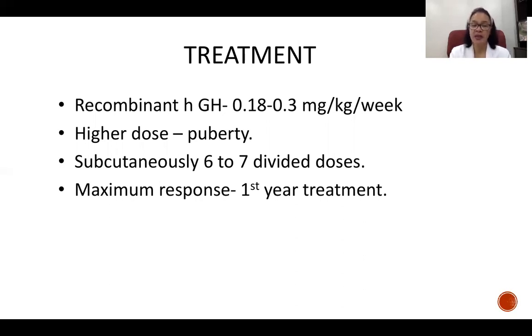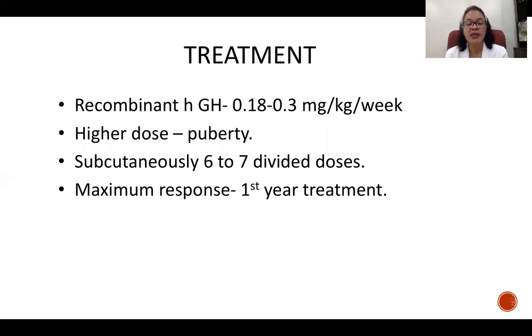The treatment should be started as soon as possible to narrow the gap in height between patients and their classmates during childhood to have the greatest effect on mature height.